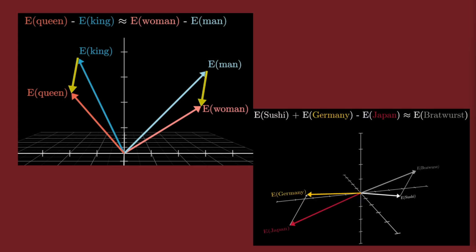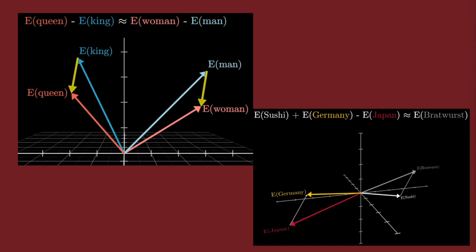And this doesn't just apply to gendered words. You can see the same effect with geography, professions, or even historical events. For example, if you subtract Germany from Japan and add sushi, you get bratwurst. AI is just picking up on patterns from the text it was trained on. It doesn't understand history or culture, but it can recognize the statistical relationships between words.